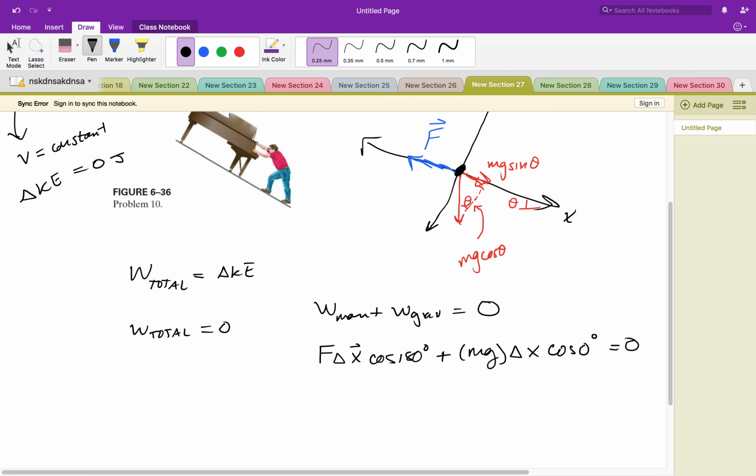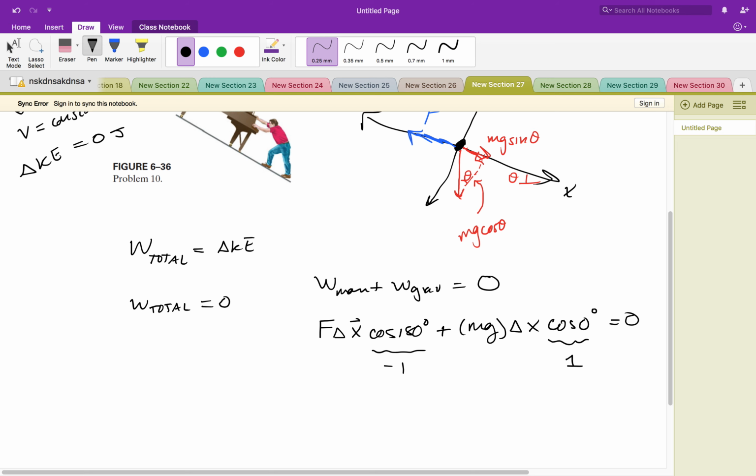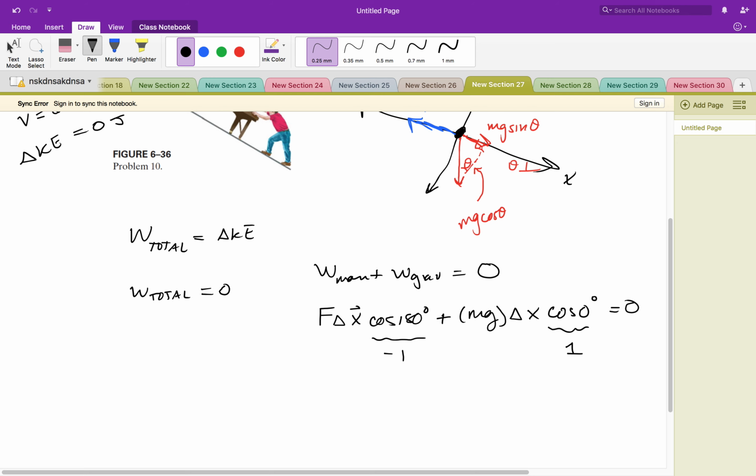Okay, so basically now, this is -1, this is +1, and we can go ahead and plug these in. So we're going to get F delta x minus mg delta x equals 0. And so the delta x's will just cancel out because there's one everywhere.